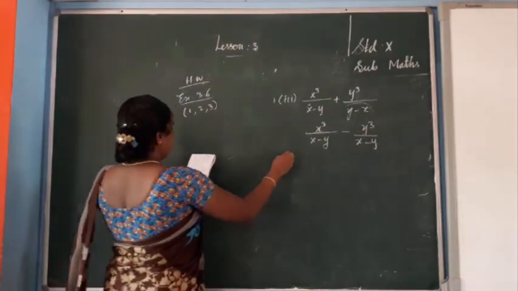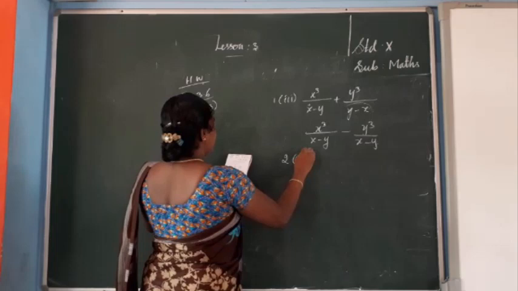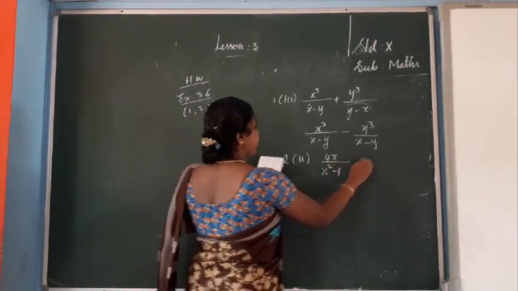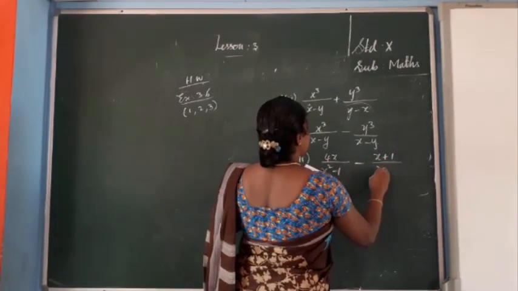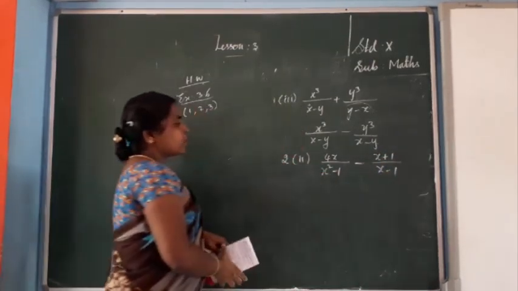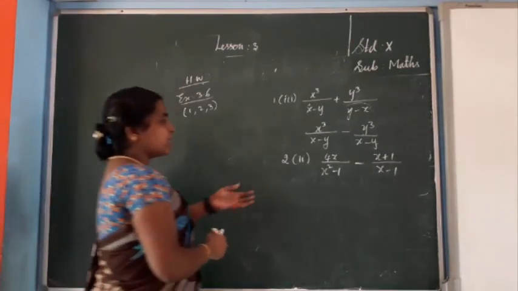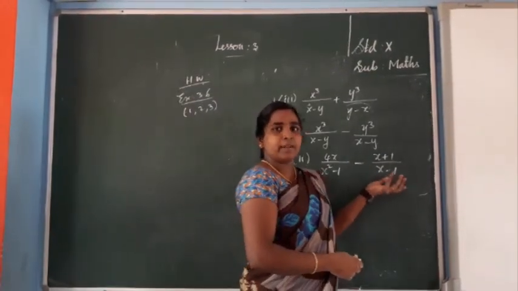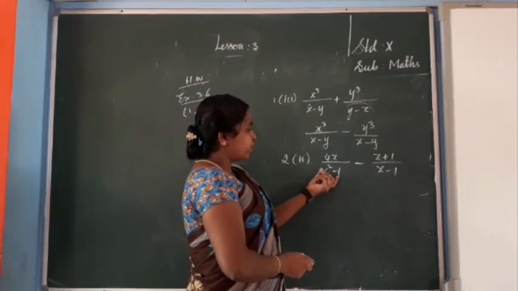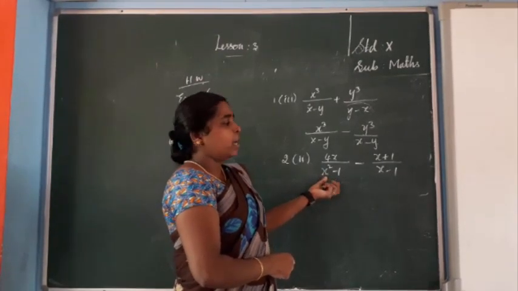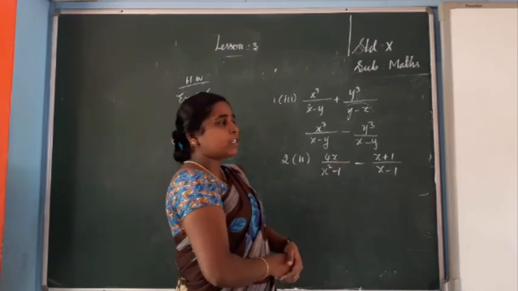Okay. Next, the second subdivision is 4x by x square minus 1 minus x plus 1 by x minus 1. So here also, when you see this, you will think x square minus 1 and x minus 1 are different, doesn't it? Actually, if you can expand a term, you have to expand first. Afterwards only take the LCM, okay.